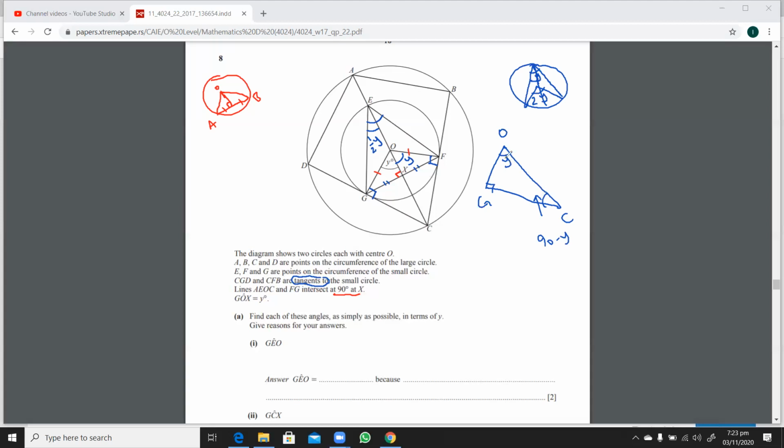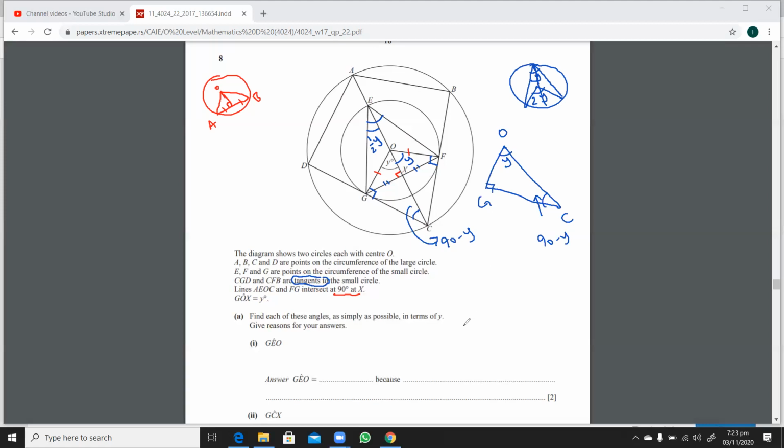So if this is Y, this is going to be 90 minus Y. That is what he's asking, what is this angle? So this is going to be 90 minus Y. Now, please confirm if you got it or not.